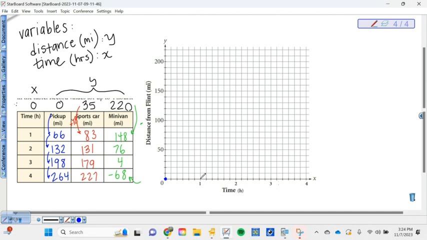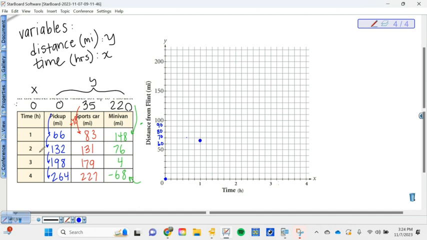So after an hour, I go right to the 1, and then I need to go up to 66. My graph is only counting by 50s, but all of these little hash marks are just an extra 10. So this is like 60, 70, 80, 90. So 66 has got to be right in between 60 and 70, so about right there.